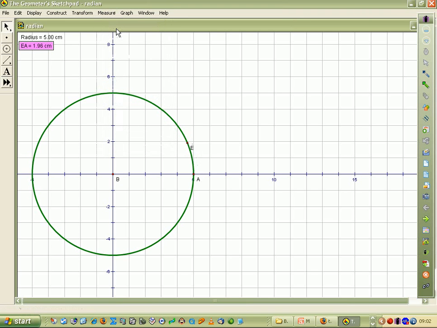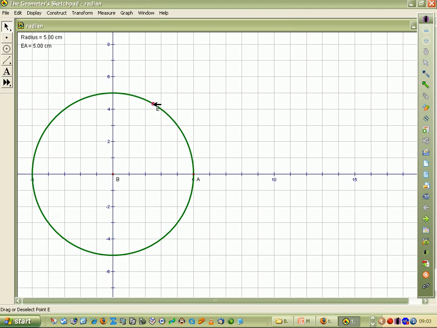You'll notice right now the arc length here from E to A is 1.96 centimeters. Now, as I grab this point E and move it, you'll notice that the measurement changes. It keeps up with the current measurement. I want to keep dragging this point until I get a length that matches the radius of the circle, which right there it does.